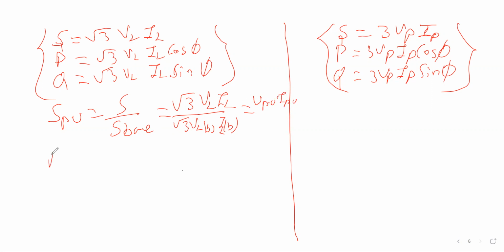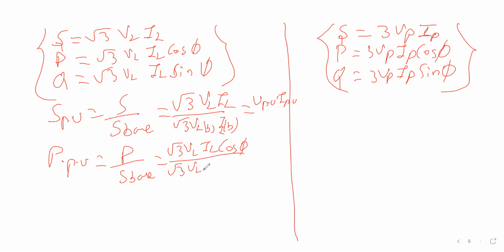Okay, if we go for P per unit, it will be P by, again it will be your base part, so it will be root 3 VL IL cos phi by root 3 VL base IL base, which could be written as V per unit I per unit cos phi.